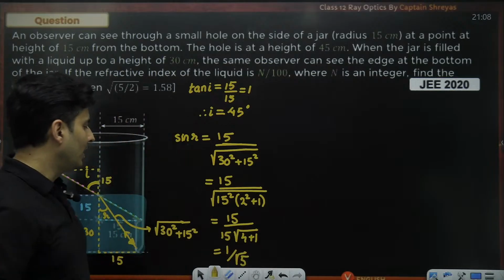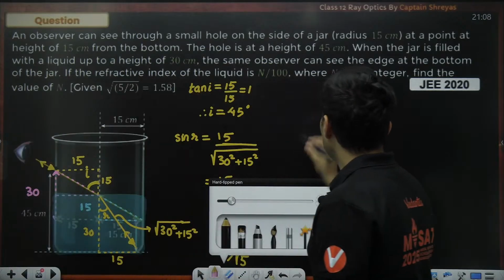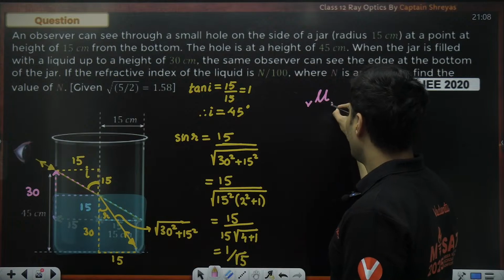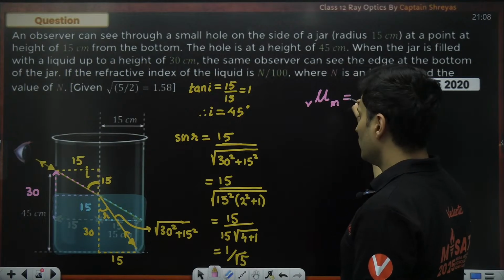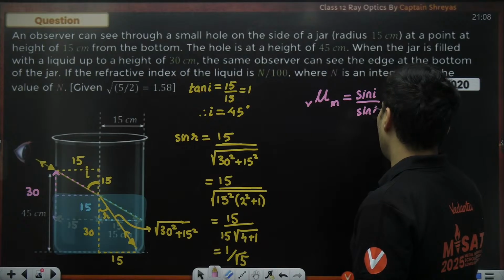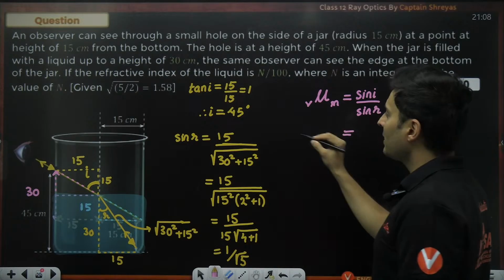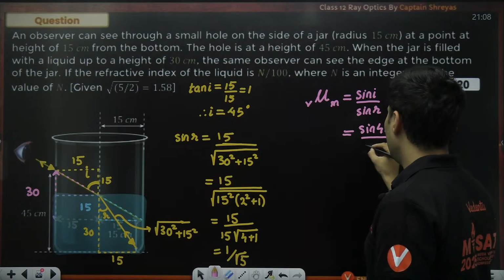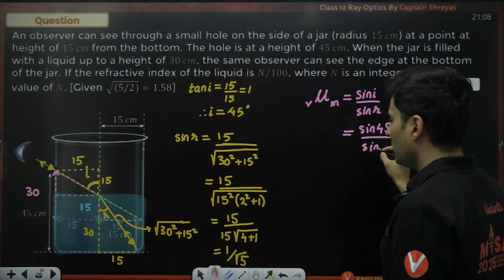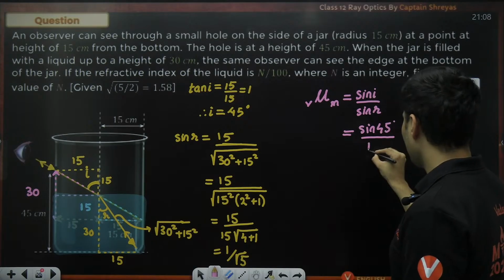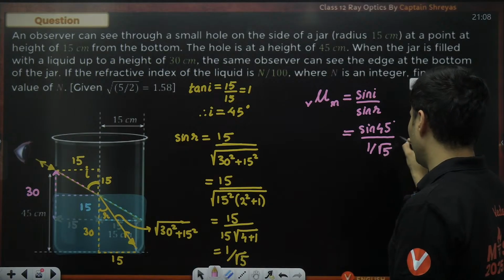That will be sine of R. Now we can find the refractive index. Light is going from vacuum to that medium, so it will be sine of I by sine of R. Sine of I means sine of 45 degrees, divided by sine of R, which is 1 by root 5.